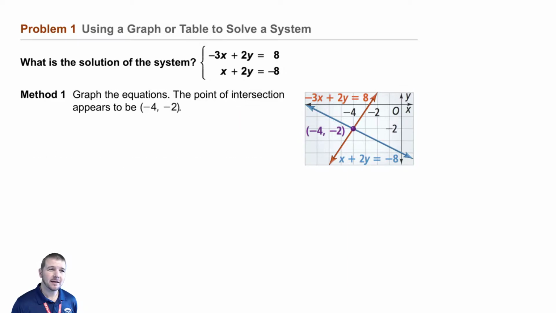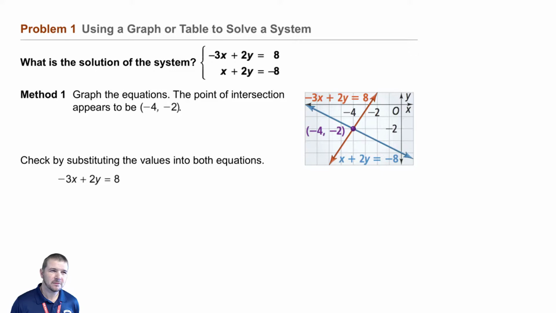But we should check. Check by substituting the values, negative 4 and negative 2, into both equations. When we substitute into the first equation, negative 3x plus 2y equals 8, we substitute negative 4 for x and negative 2 for y, and we get negative 3 times negative 4 plus 2 times negative 2, and we're checking to see, does that equal 8?